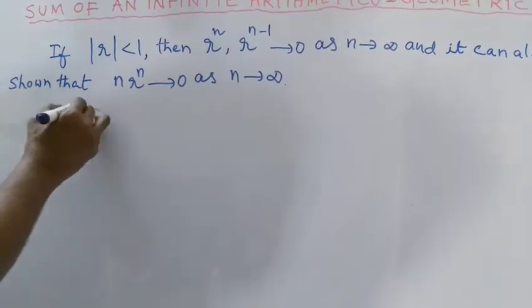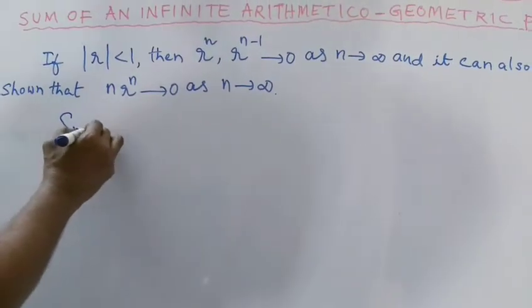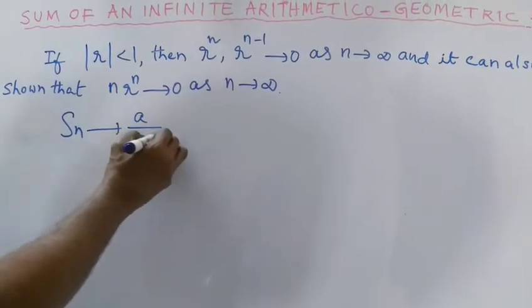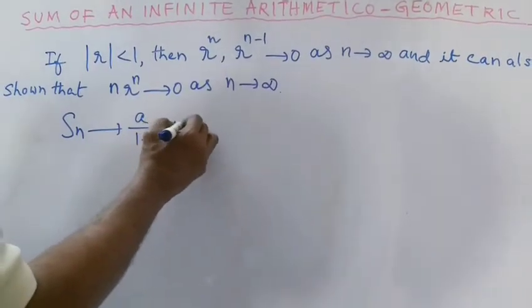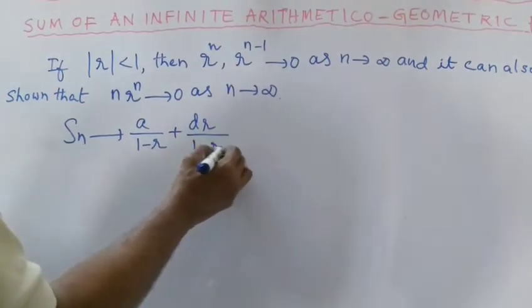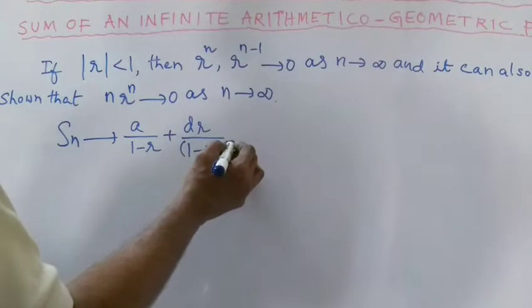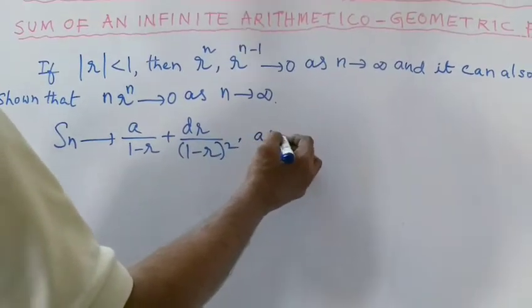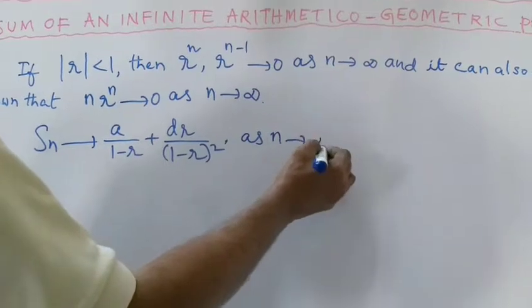So Sn tends to a by 1 minus r plus dr by 1 minus r whole square as n tends to infinity.